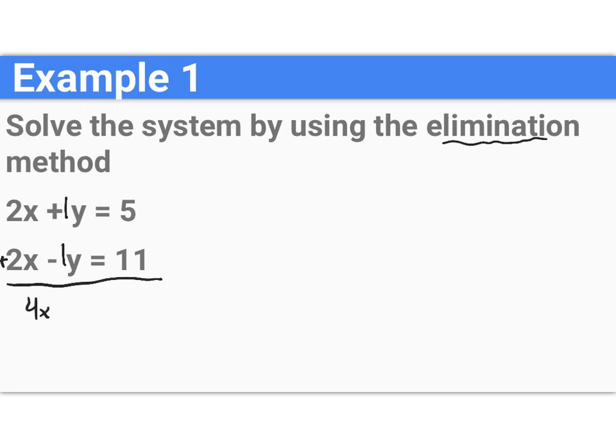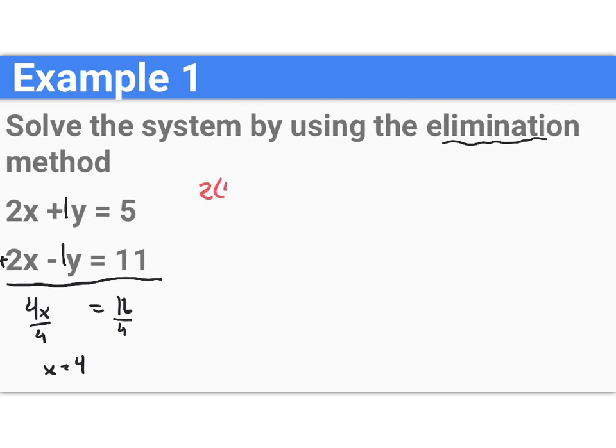1 plus negative 1, or 1 minus 1, is 0, and 5 plus 11 is 16. And we divide by 4 on both sides to get the x, and the coordinate for x is 4. Now what we have to do is stick this 4 back into both equations and make sure that it works.